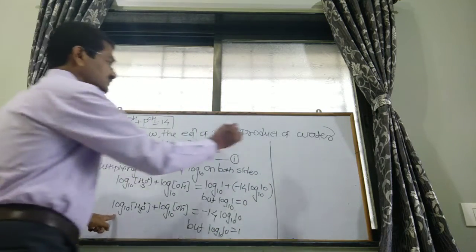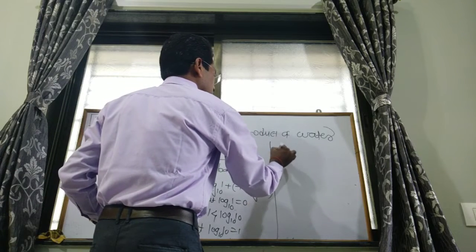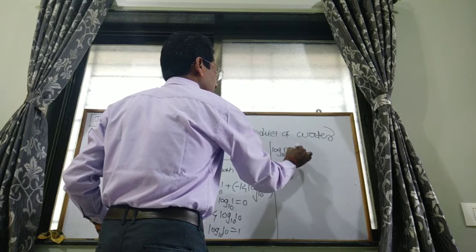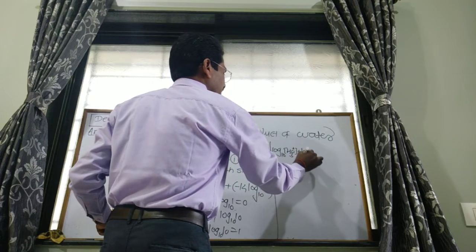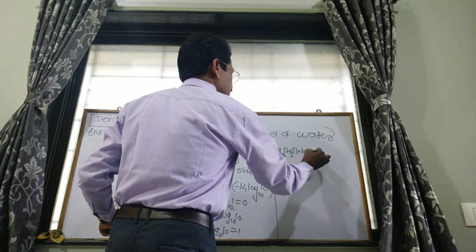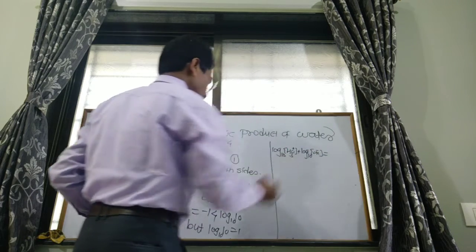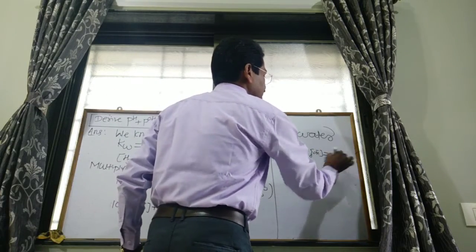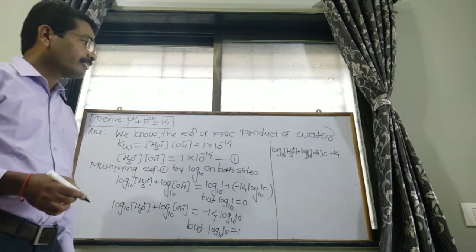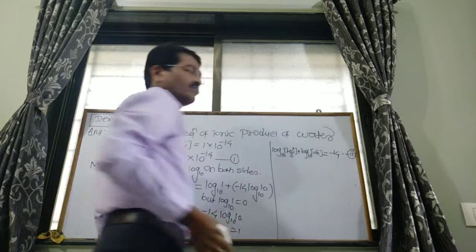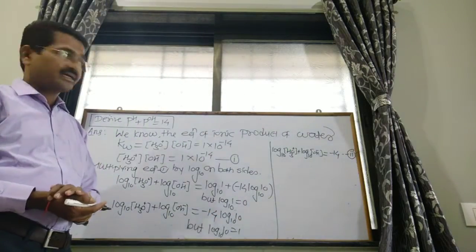So we get log to the base 10 of the concentration of H3O+ ion plus log to the base 10 of the concentration of OH- ion is equal to minus 14. Put this as the second equation.